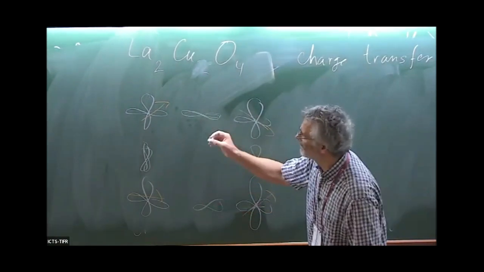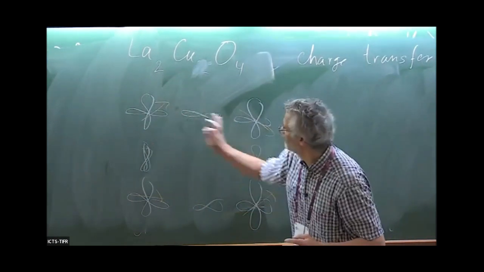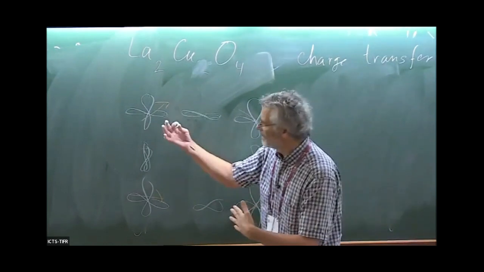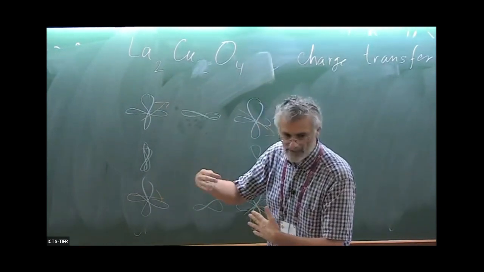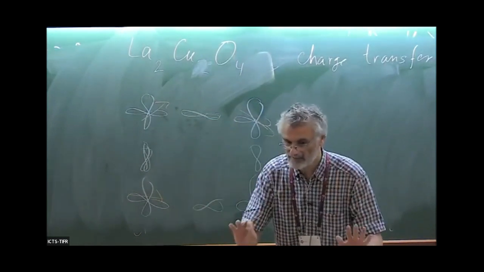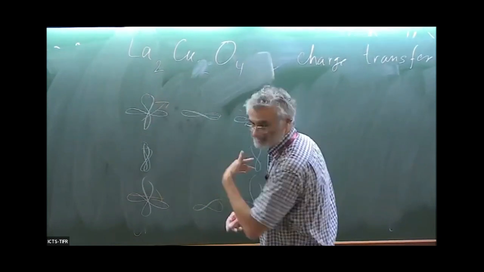The lowest state is where the electrons are all sitting on the copper. Then there are also other states where, for example, electrons are sitting here. I'm looking at the diagonal part, no hopping, in a single particle picture.